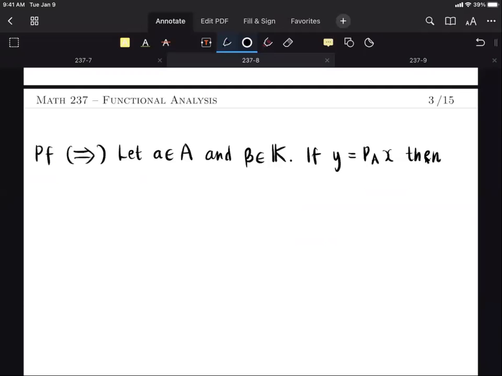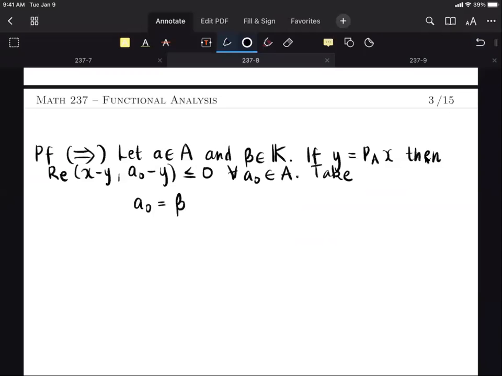then we know, just to remind ourselves, according to our previous theorem, and taking note that a subspace is a convex subset, we also have this variational inequality for every a naught in A. So if I take a specific a naught, namely beta, okay, so let us remove this.